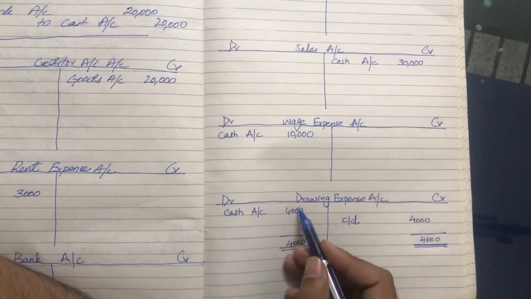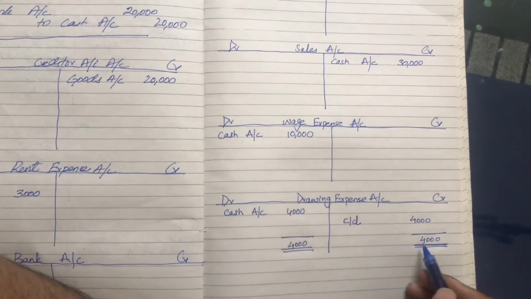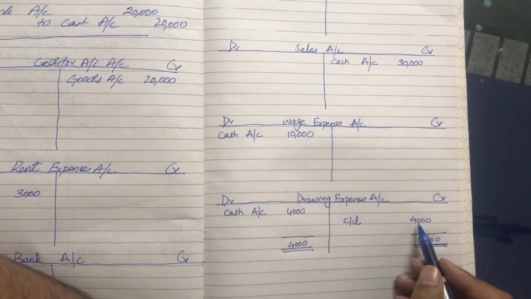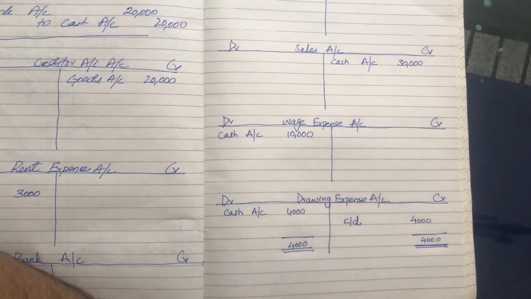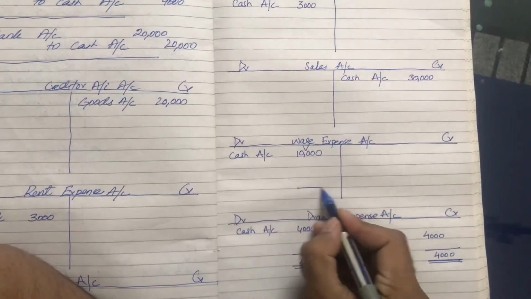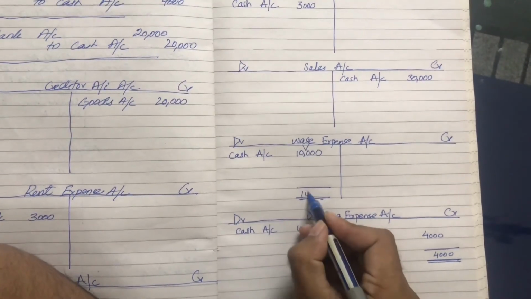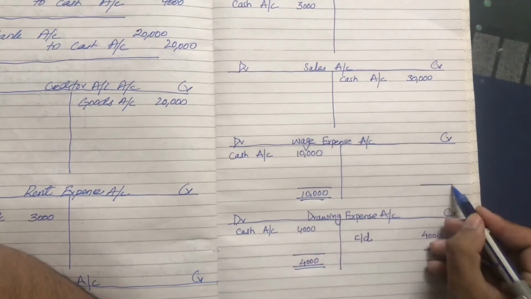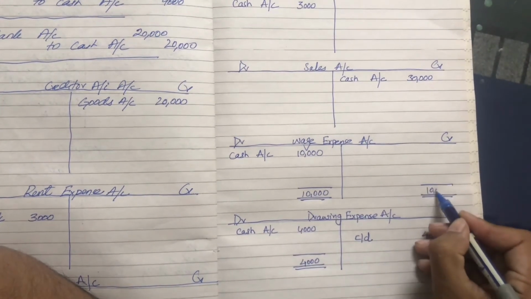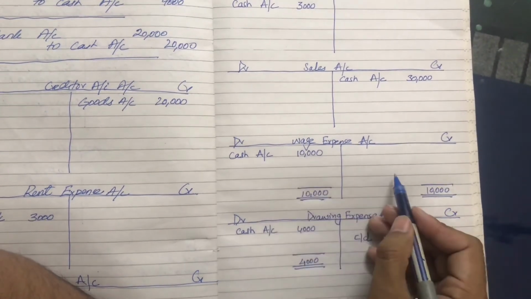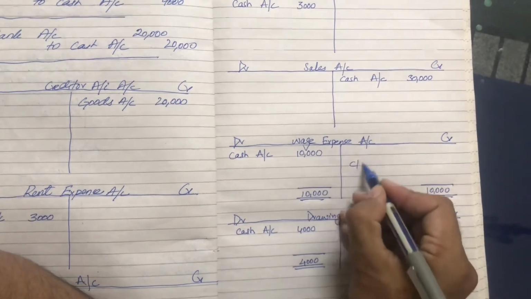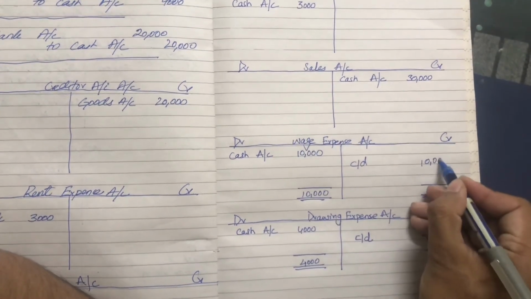Basically this 4,000 was the highest balance, we write here, and there was a difference, and we put the difference in the carry down balance. Here the highest balance is 10,000 rupees, so we write 10,000 here, and there is no balance, so the carry down balance we will write 10,000 here.